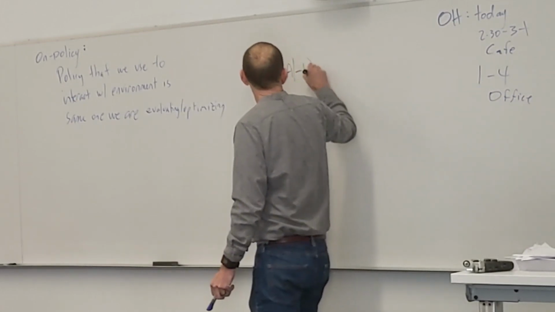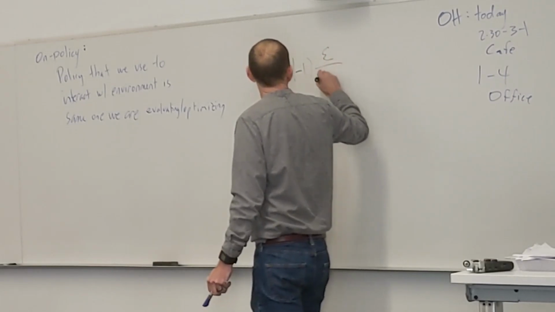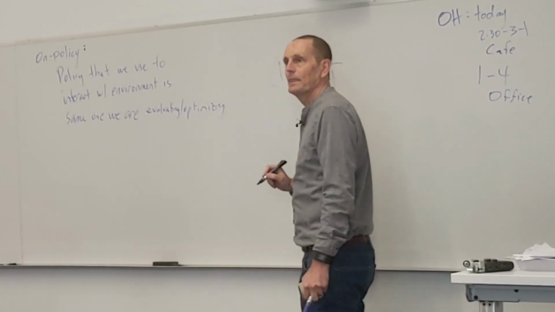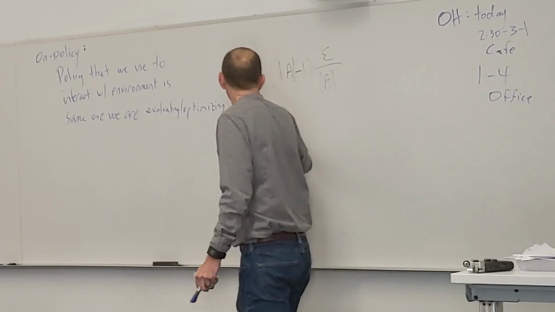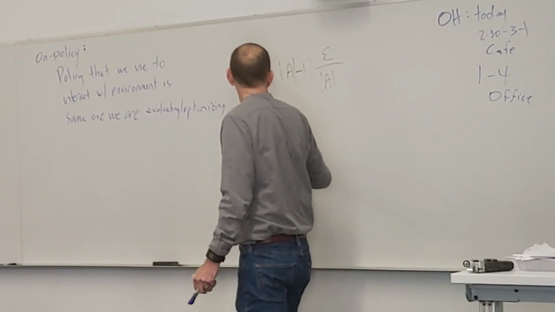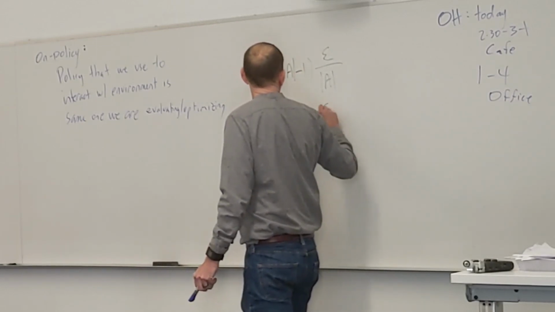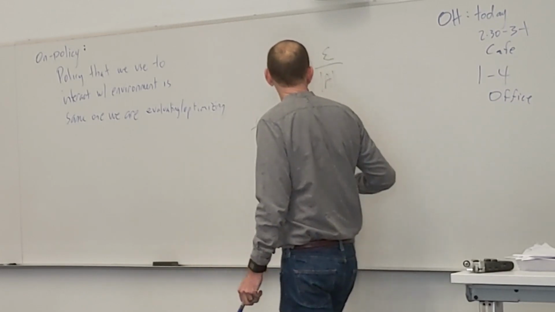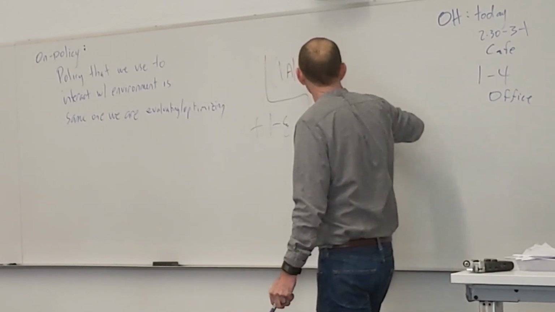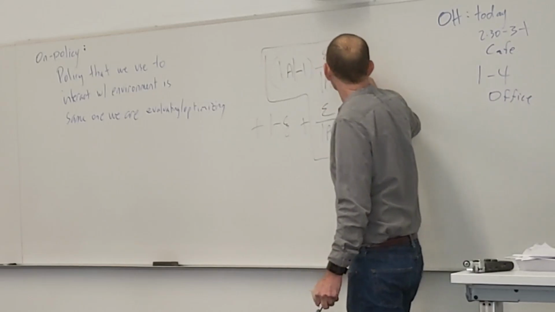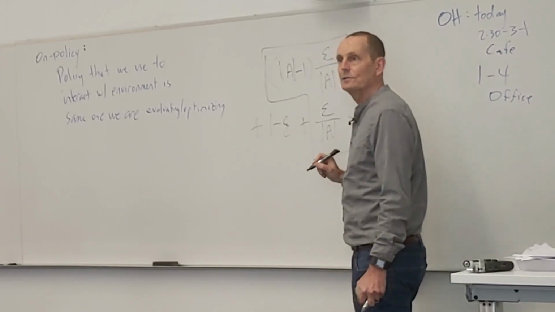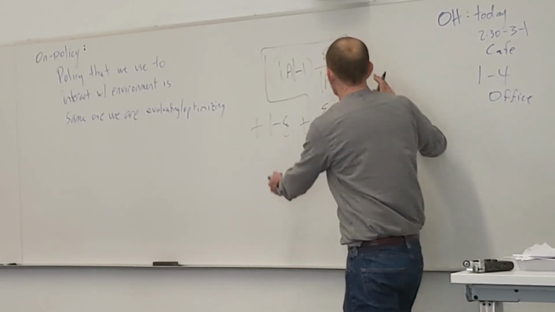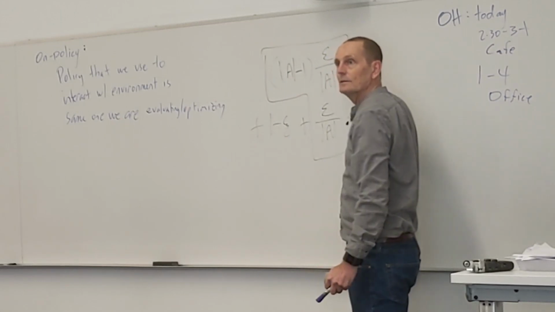And so we're going to multiply this by epsilon over the size of A, plus 1 minus epsilon plus epsilon over size of A. If I take these, I get epsilon. And then 1 minus epsilon plus epsilon gives me that.